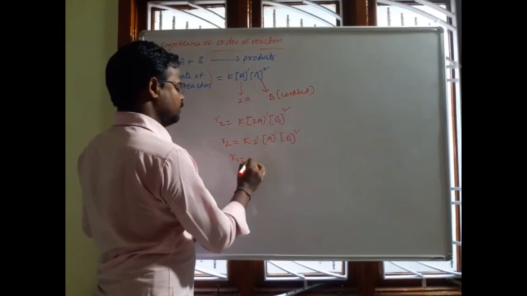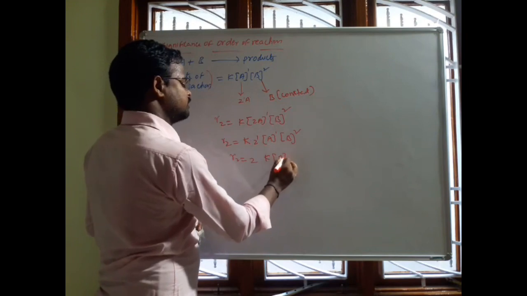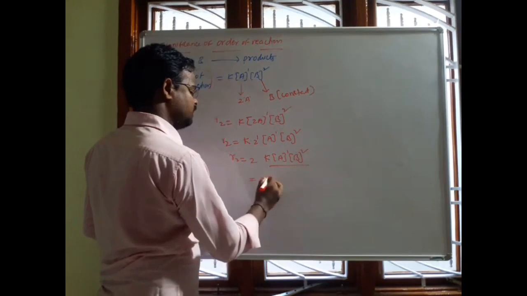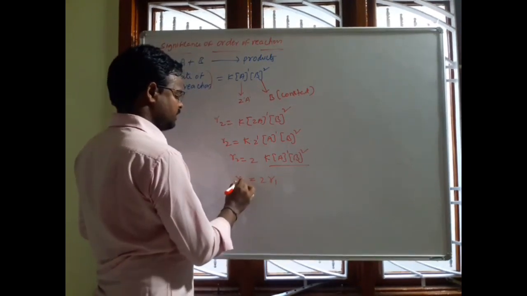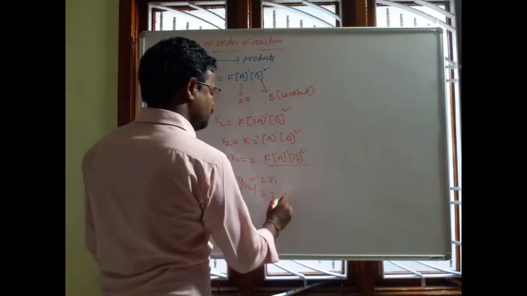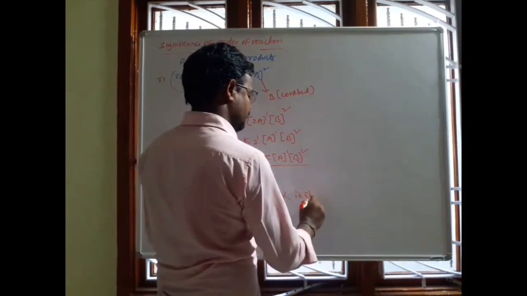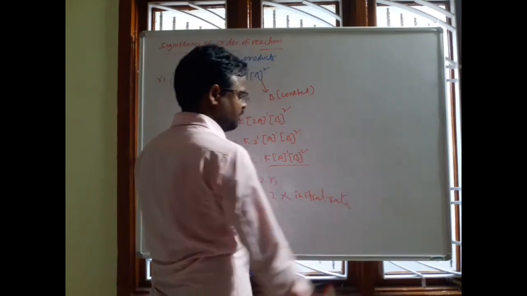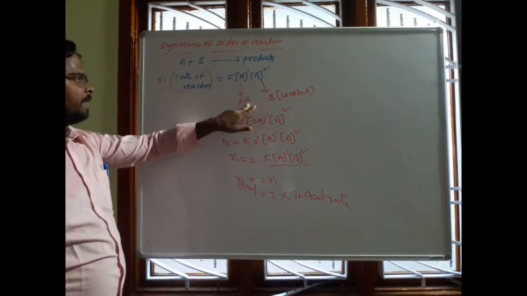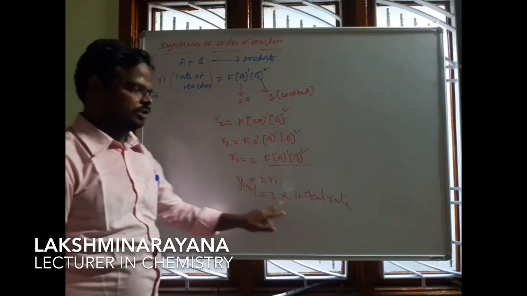That is 2 into K into A power 1 into B power 2, which is nothing but 2 times R1, the initial rate. That indicates that if I double the concentration of the reactant, the rate of reaction also changes.